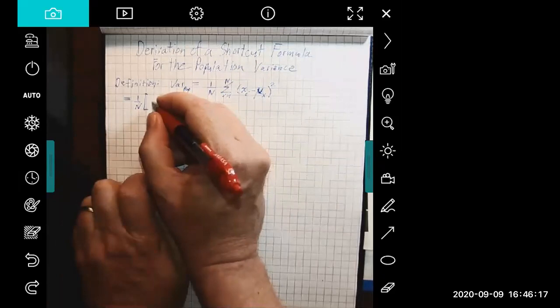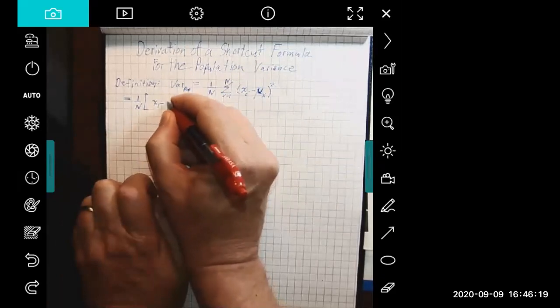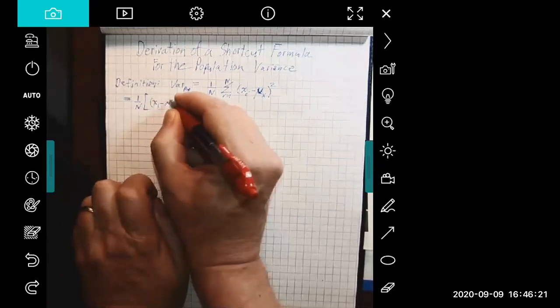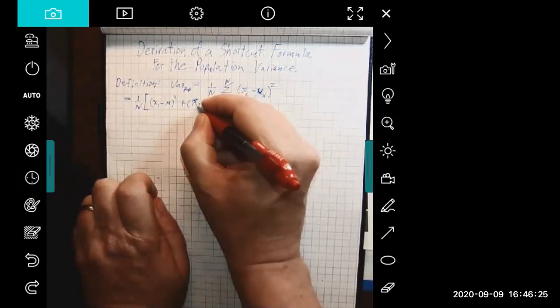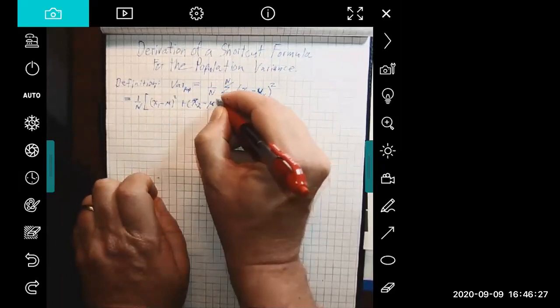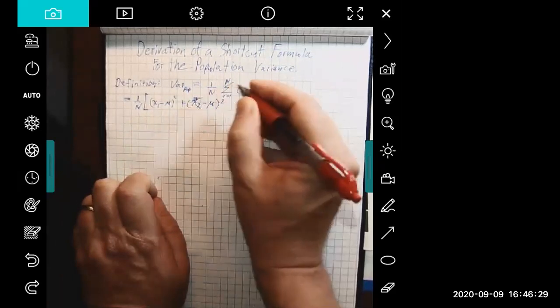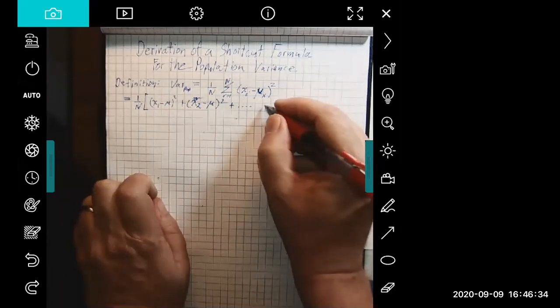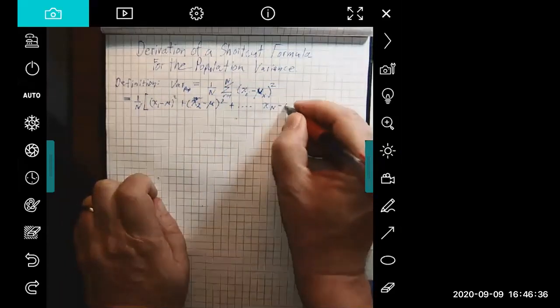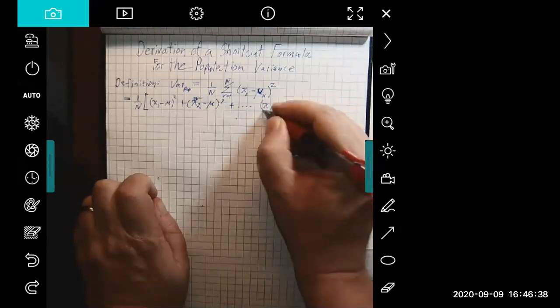Okay, so that's x1 minus mu squared plus x2 minus mu squared, and so forth, all the way up to xn minus mu, in parentheses, squared.